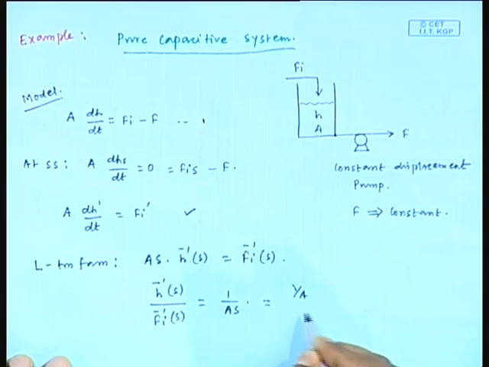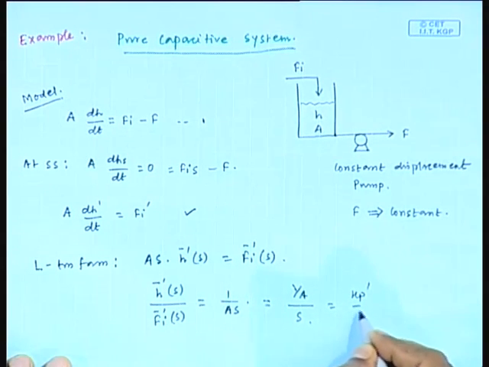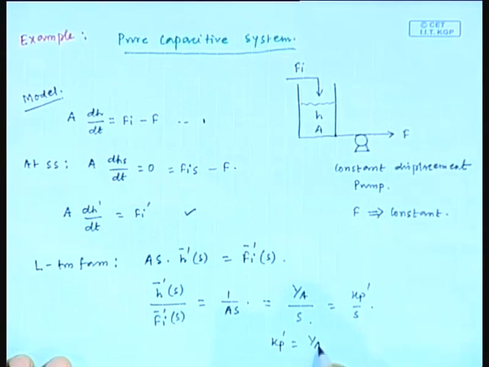That means 1 divided by A whole divided by s. If we write in this form Kp prime by s, then here Kp prime is 1 by A. This is one example of pure capacitive process.